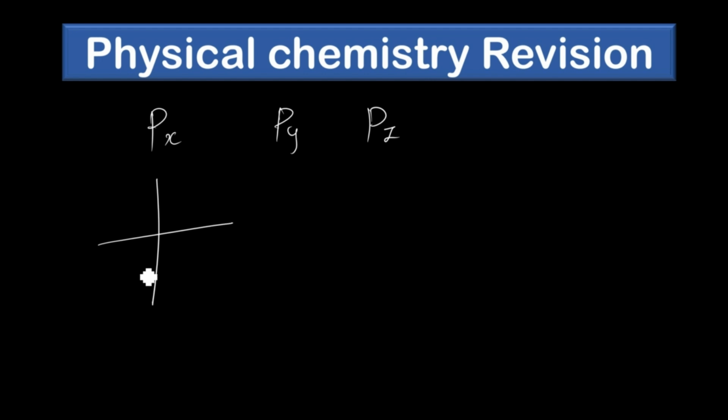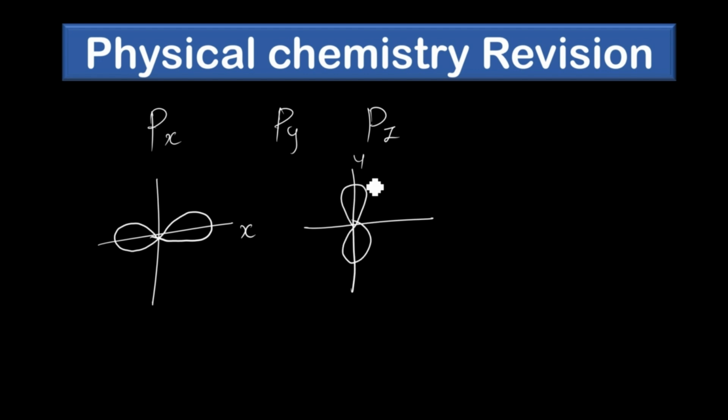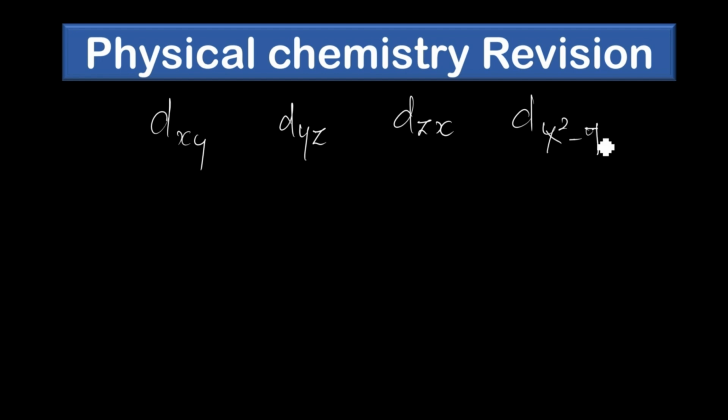Where px is along the x axis, in y also we have it along the y axis. In case of d, we have 5: dxy, dyz, dzx, dx square minus y square, and dz square.